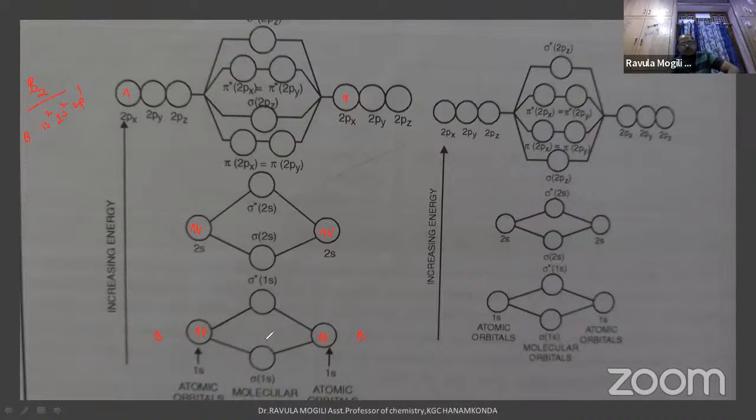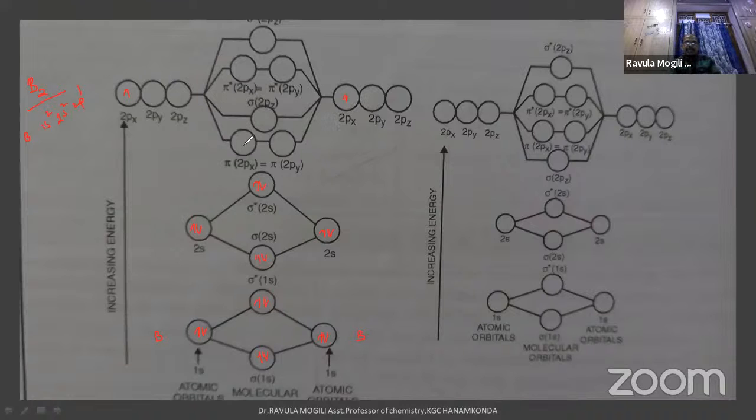Okay now, for these 4 electrons, first 2 electrons enter the bonding and the remaining 2 electrons enter the anti-bonding orbital. Next, these 2 electrons are unpaired electrons.